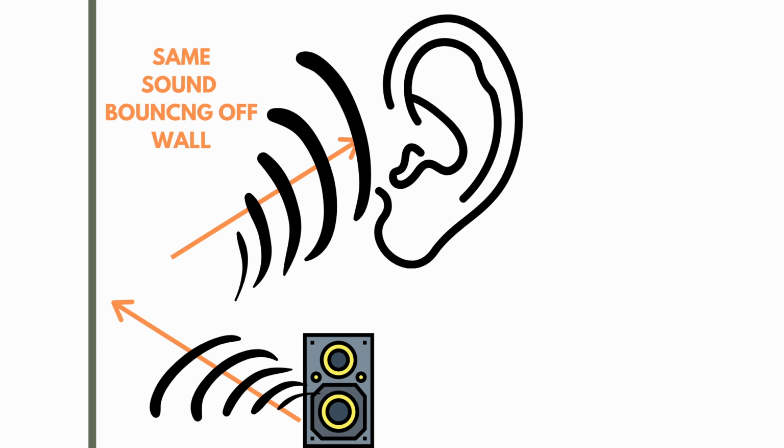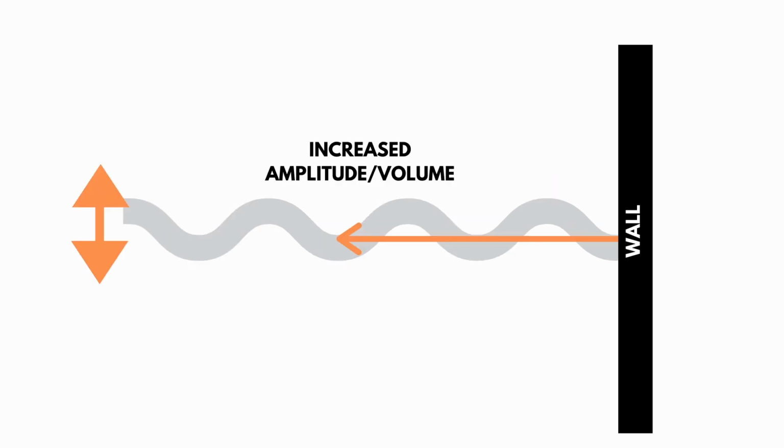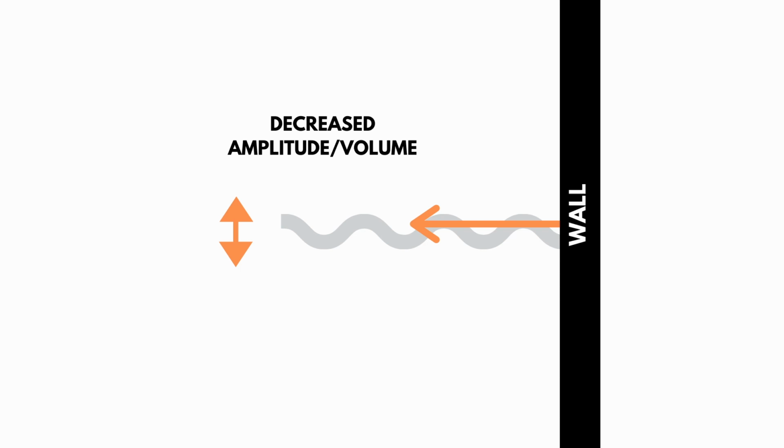No matter what, every room has walls, ceilings, and a floor. And as soon as sound hits something like a wall, a ceiling, or a floor, it will bounce back and re-enter the room. And then sound that is still coming from the speakers is going to mix with that sound wave that bounced off the wall, and it's going to either boost or cancel out the waveforms.